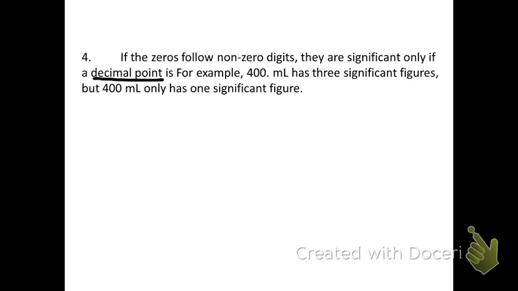For example, let us say we have 0.01420. Alright? Now, we have 3 zeros. The first 2 zeros are not significant because they come before the number. But what about this last zero?